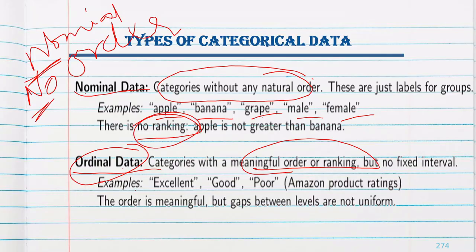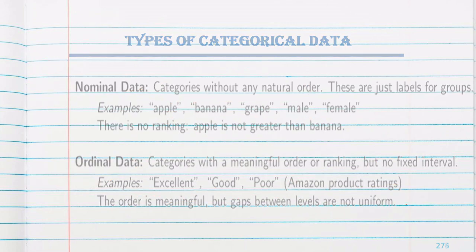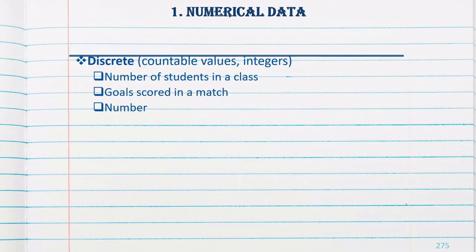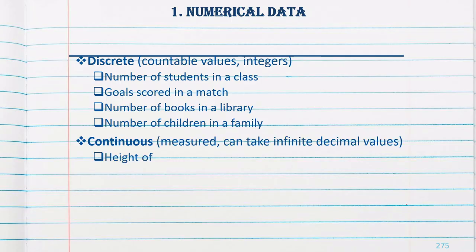So examples of ordinal data are excellent, good, poor. This is like an Amazon product rating. Order is meaningful, but gaps between levels are not uniform. Numerical data, we had already studied this. Discrete, it is countable.